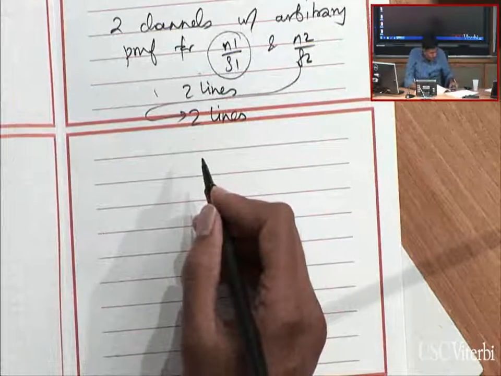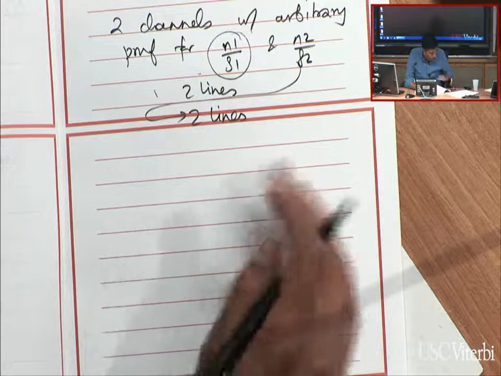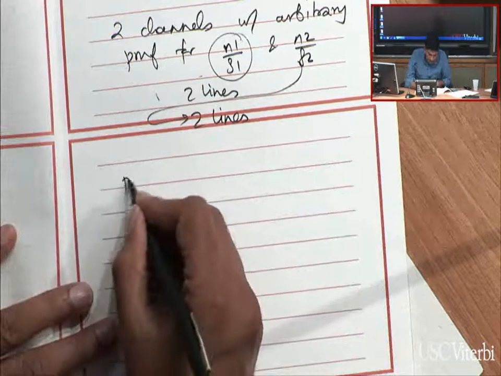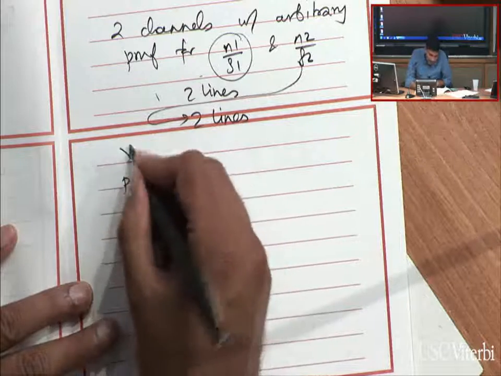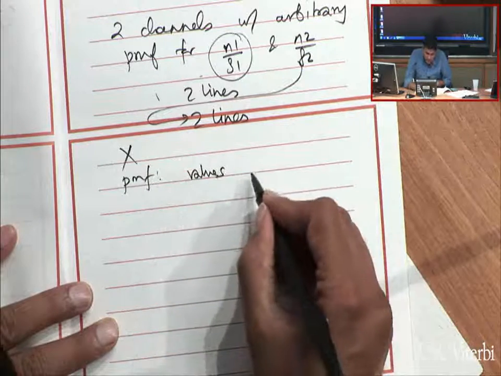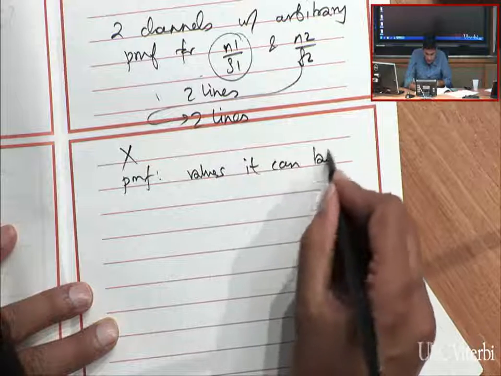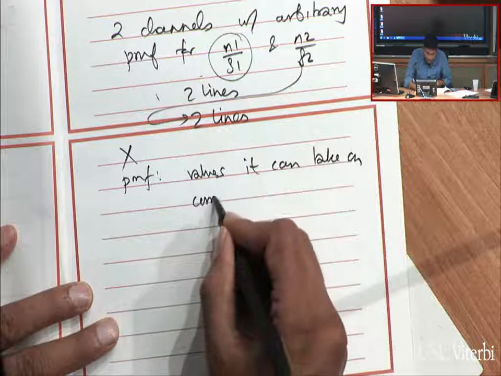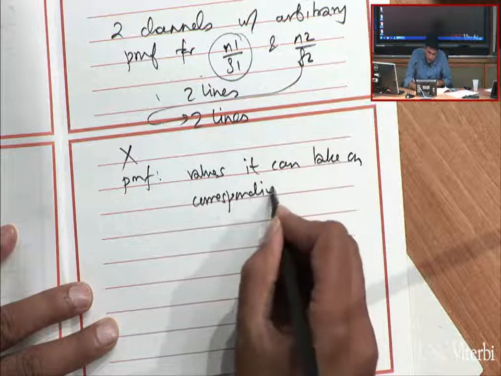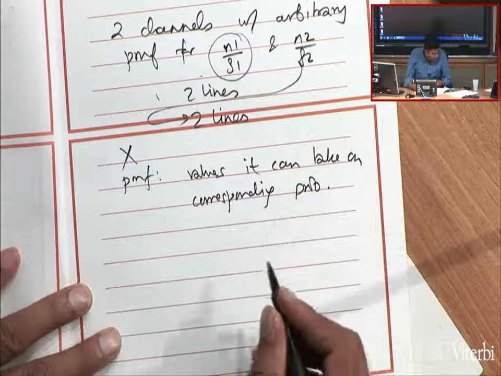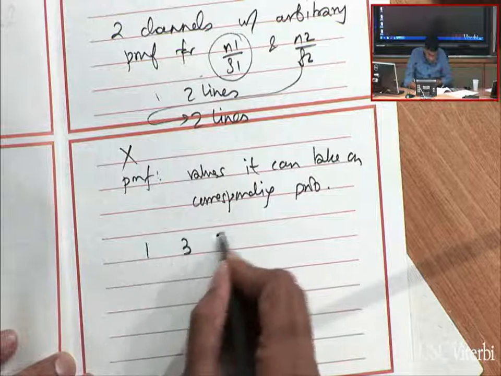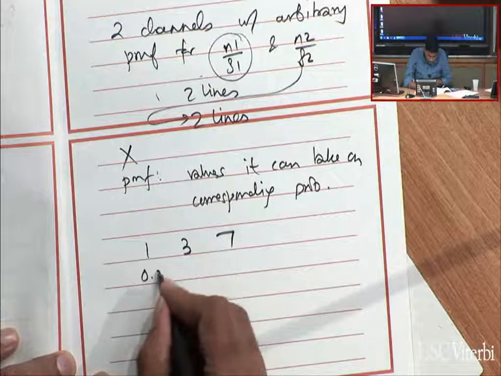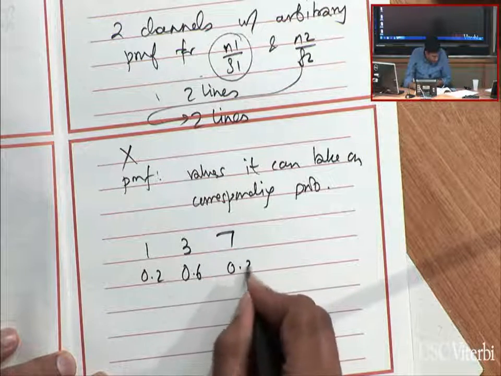Because if I think of the PMF, so basically any PMF describes the values. So if you have some random variable x, you have to describe what values it can take on and corresponding probabilities, right? So for example, this is just a toy example that I think might show up in your written description.